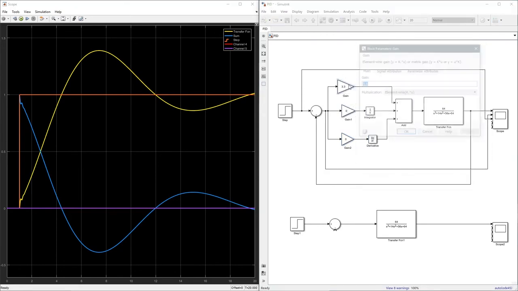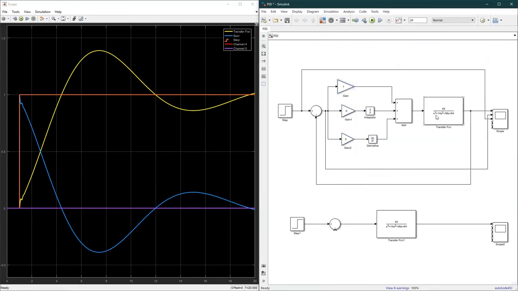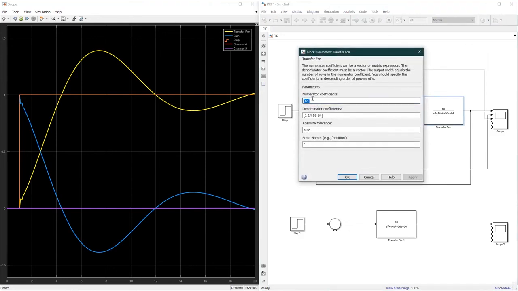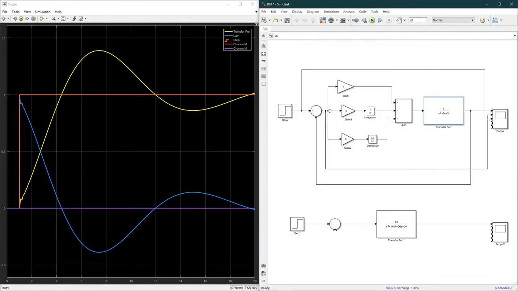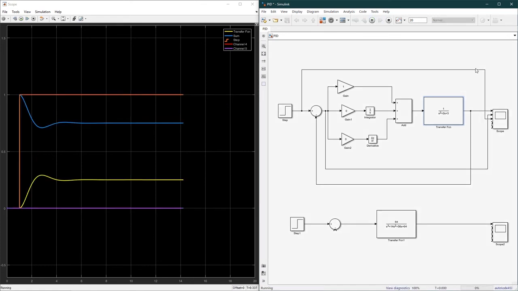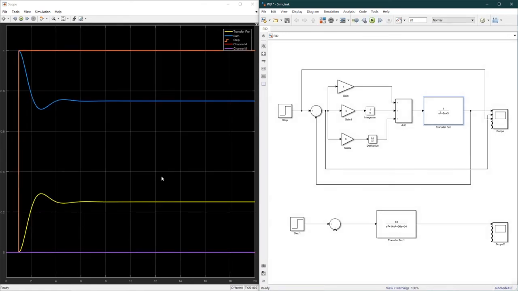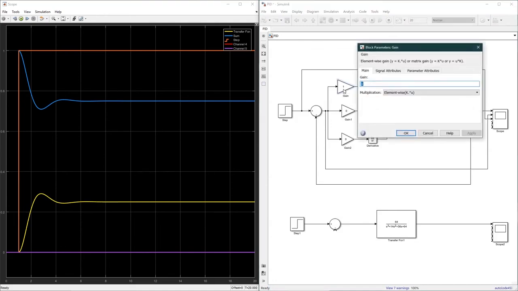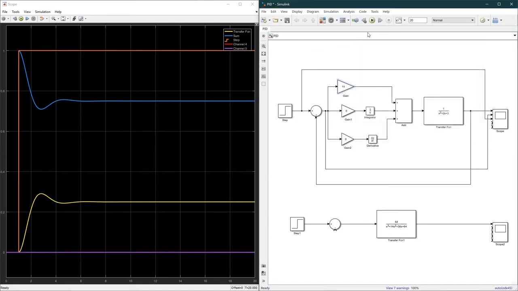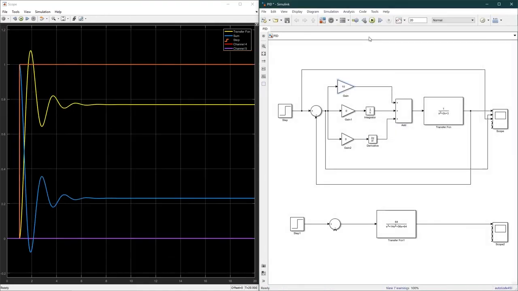Okay, change this back to closed loop system and also change the transfer function to an easier one, which is a second order. Okay, this is our response. Okay, let's increase Kp more and more until it almost reaches the set point.